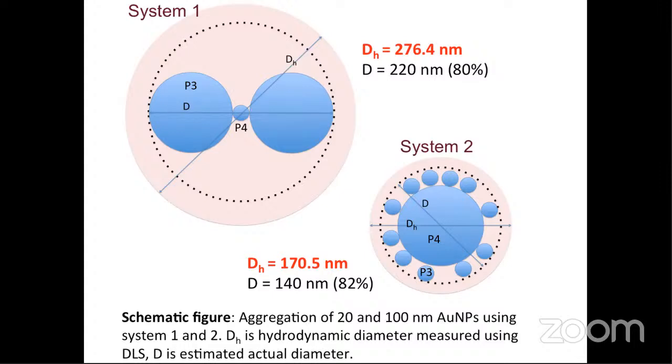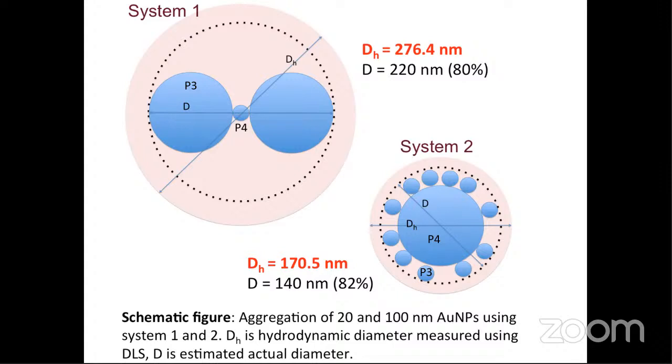So in system 1, when we measure with DLS, we were measuring the one that you see in the slide, which results in a hydrodynamic diameter of 276 nanometers, like the figure that I represent here.